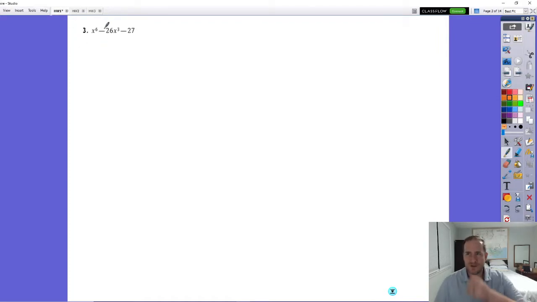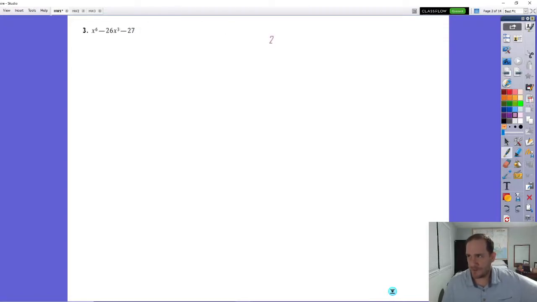So for number 3, it's 3 terms, so it's a trinomial. And we call this one sort of quadratic in nature, meaning it's like a quadratic in that your terms at least have the right ratio of powers. This is 6, 3, 0.